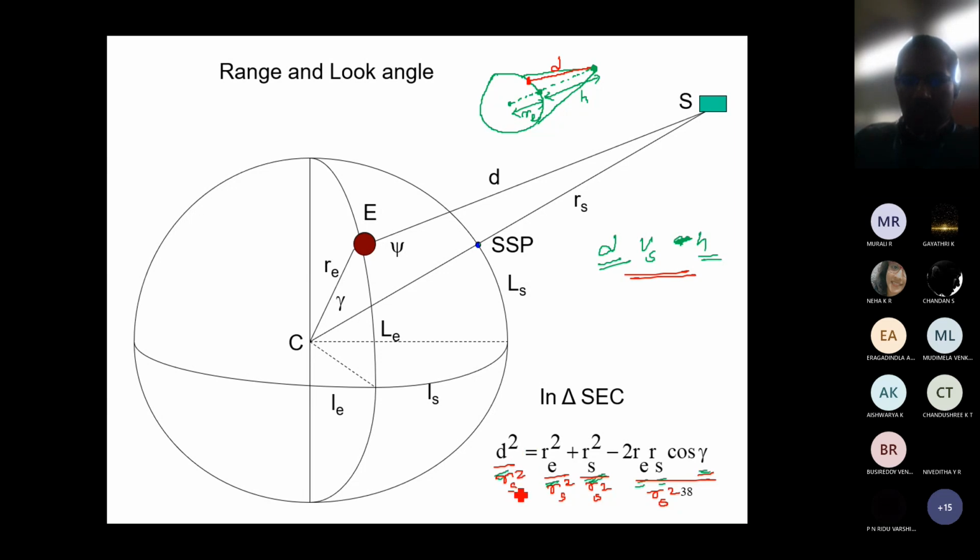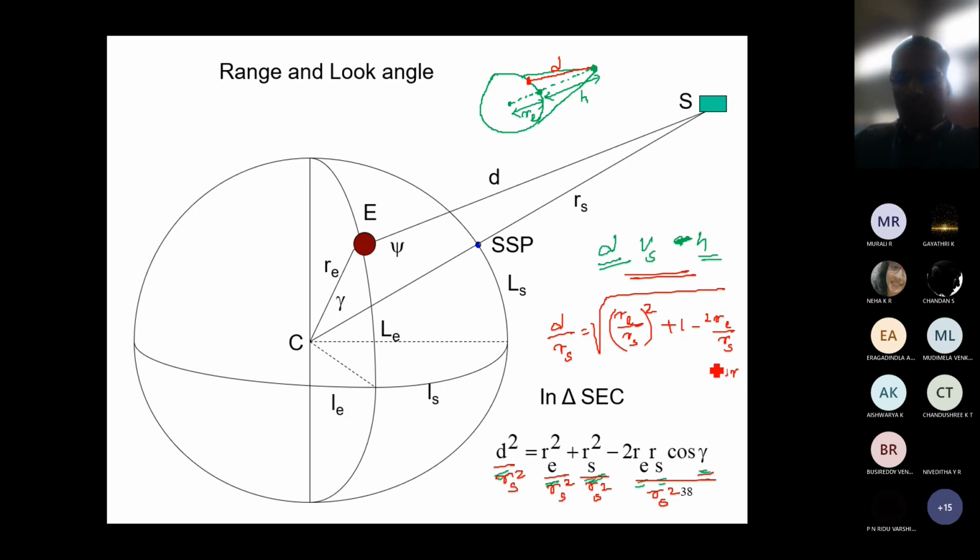So what it will be, d square by Rs square, or d by Rs is equal to square root of Re square by Rs square plus 1, because it will cancel, minus 2 Re by Rs into cos gamma.